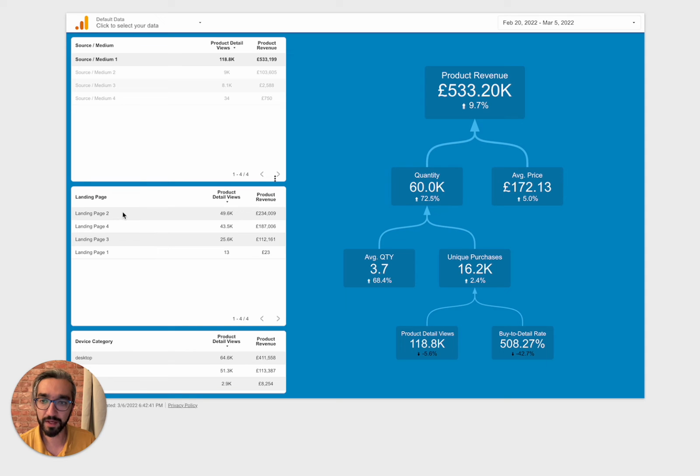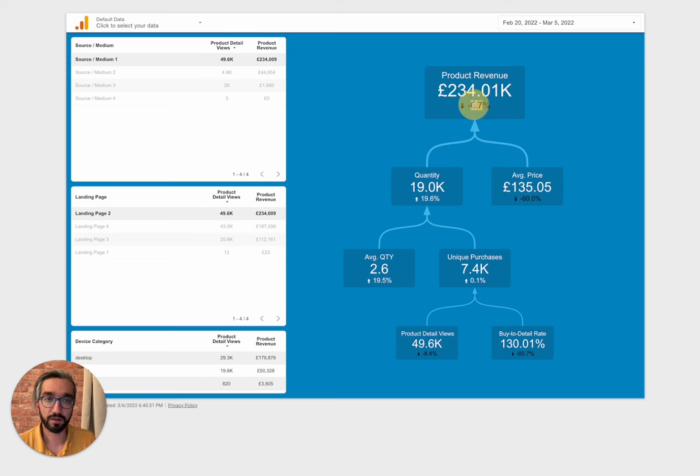So these are the landing pages. The second lander brings the most revenue to us. Look here. If you filter the users who came from source medium 1 and used lander 2, the average price has decreased by 60%, from around £200 per product on average, so it has decreased significantly.